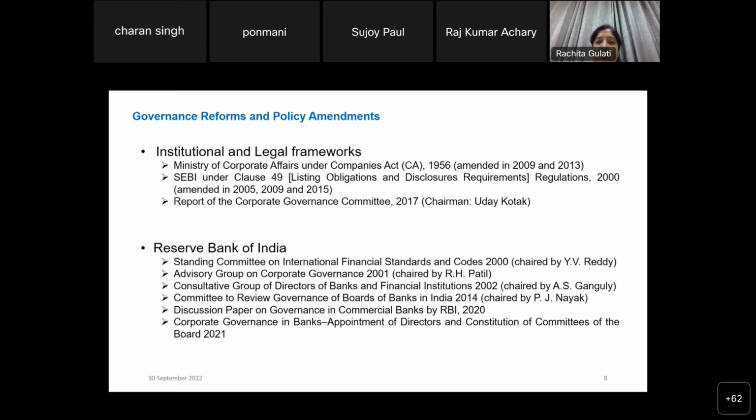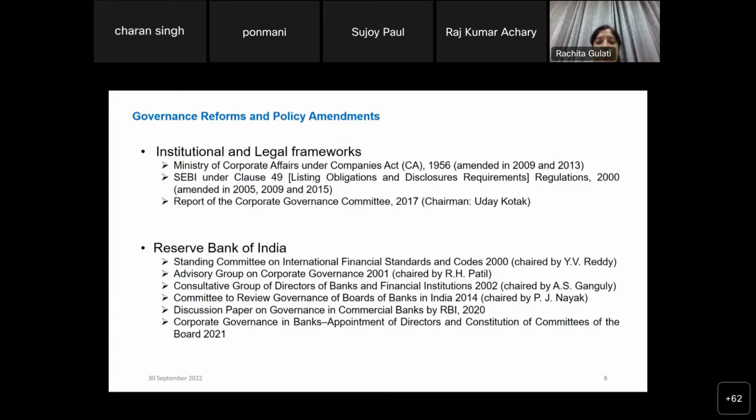Further, the Consultative Group of Directors of Banks and Financial Institutions was established in 2002. More recently, the Committee to Review the Governance of the Boards of Banks in India in 2014, chaired by P.J. Nayak. The recommendations of this committee are already in force and adopted to some extent by the banks, which are to some extent complying with these recommendations.